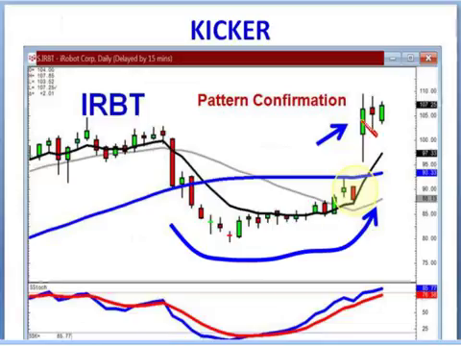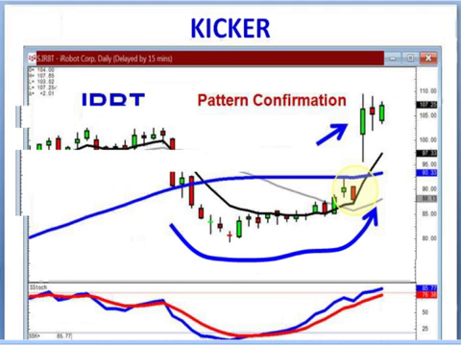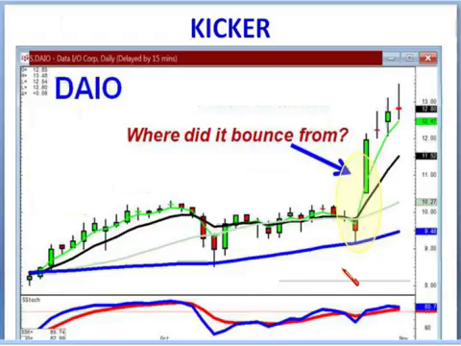Opens here, closes here, gaps up. The probabilities were that you're going to be in a 45 degree. And notice what this was. Kind of a dark candle, kicker signal, breakout, and what was the additional information? The fact that they bounced right off the 50-day moving average.